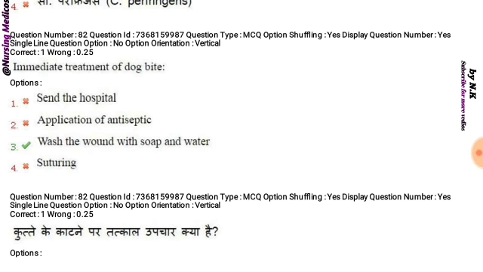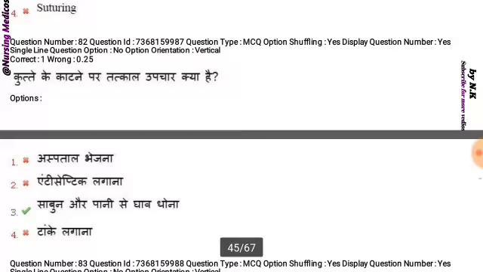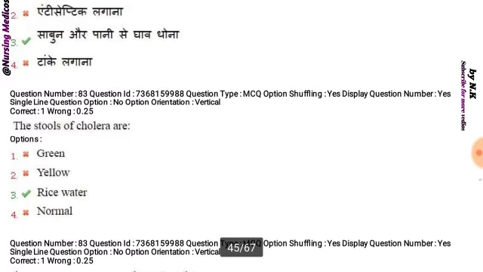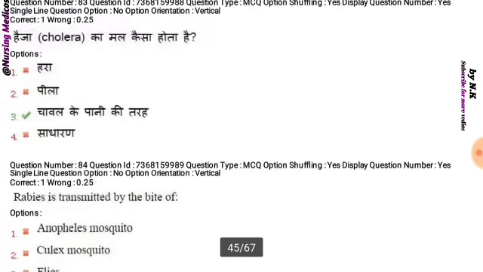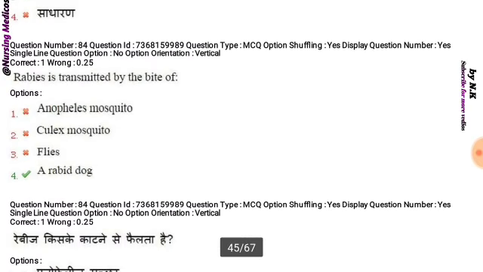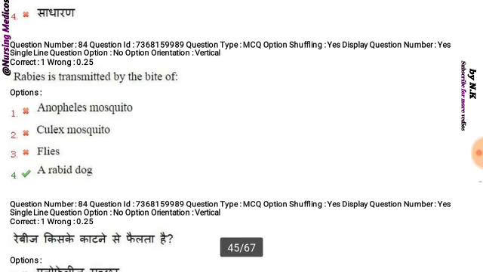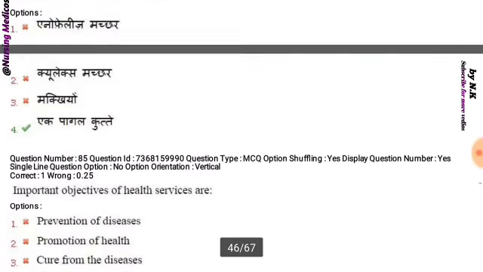The answer is the third one, we have to wash the wound with soap and water. The next, the stools of cholera are green in color, yellow, rice water, or normal. The answer is the third one, that is rice water. Next one, rabies is transmitted by the bite of, the answer is the fourth one, a rabid dog.